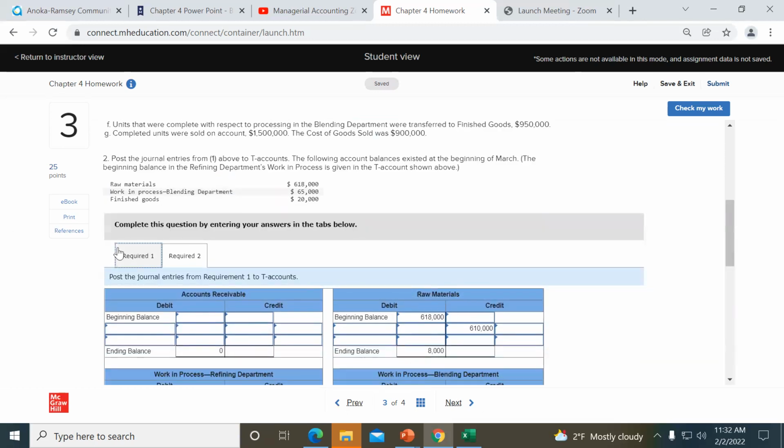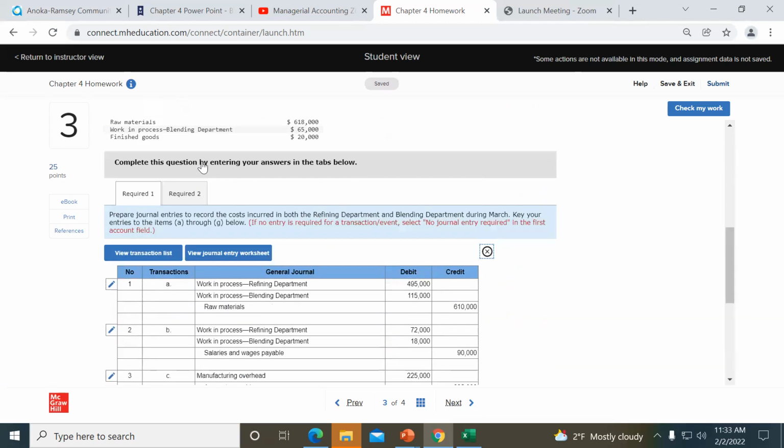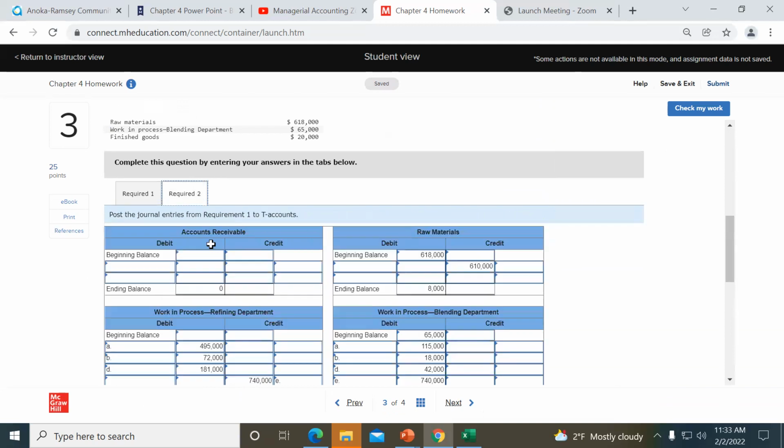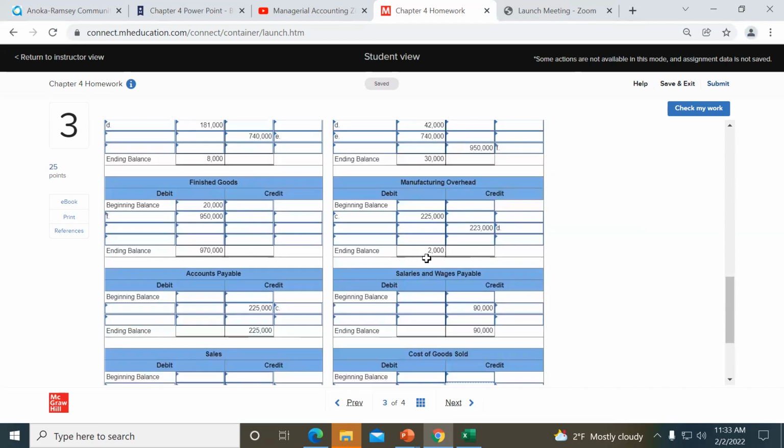Okay, and then cost of goods, accounts receivable 15, sales 15. Cost of goods was 900,000. And that comes out of finished goods.